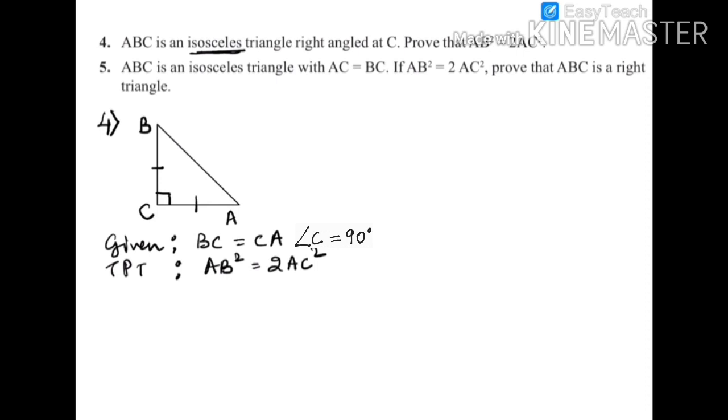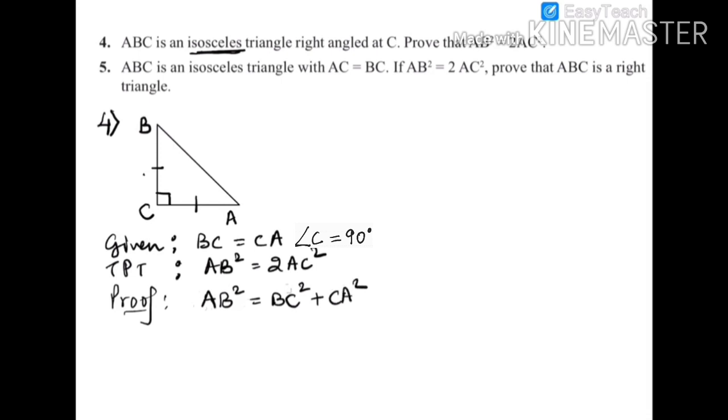This is a very simple question. Since it is a right triangle, we can use Pythagoras theorem, which says that the square of hypotenuse will be equal to the sum of squares of other two sides. And we know that hypotenuse is the side opposite to the 90-degree angle. So AB square will be equal to BC square plus CA square.